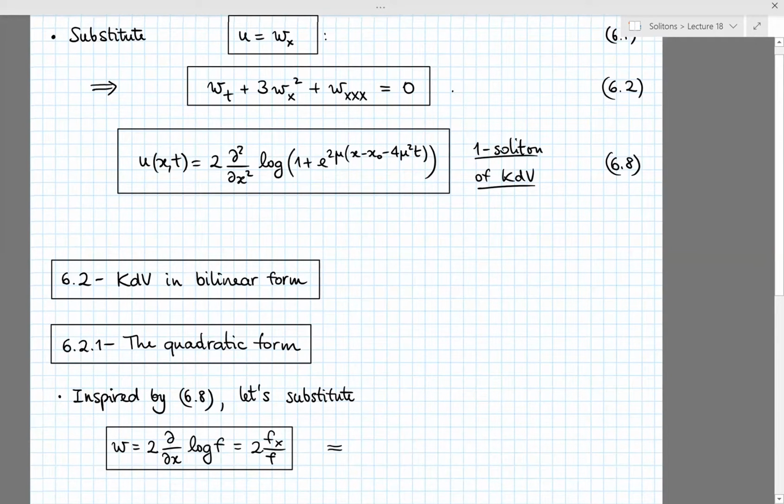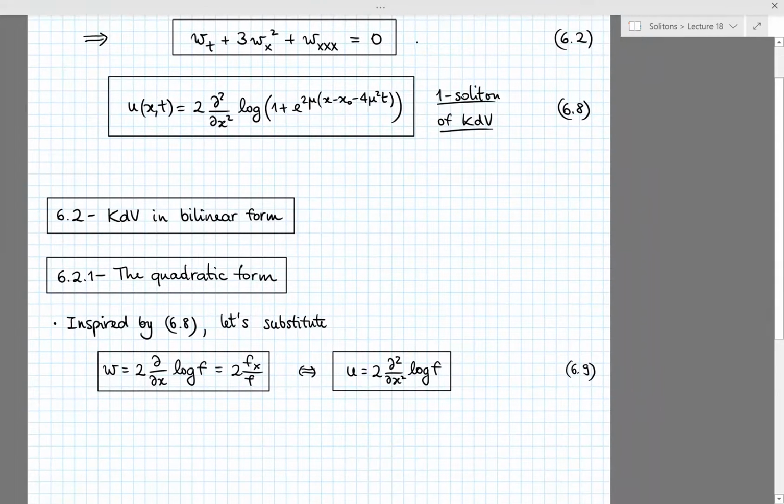Or equivalently, in terms of u, that means that u is twice the partial derivative with respect to x of log f, in equation 6.2.